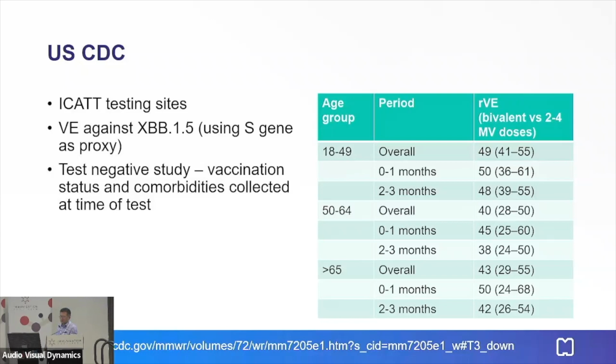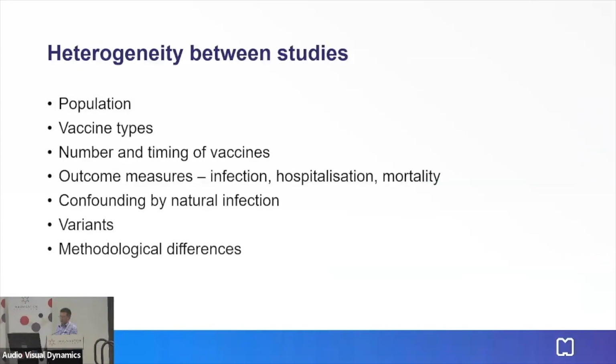These are, I understand, testing sites that are directed towards trying to improve access for other disadvantaged and hard to reach populations. But they've been able to look at vaccine effectiveness against XBB variants that are common there, and then stratify them by age and time after vaccination.